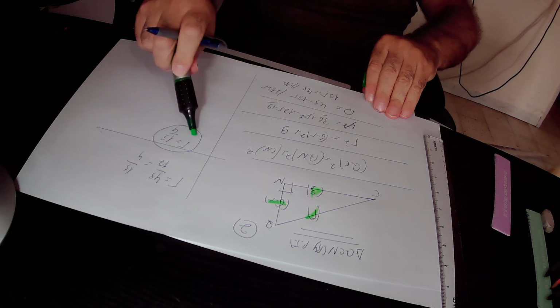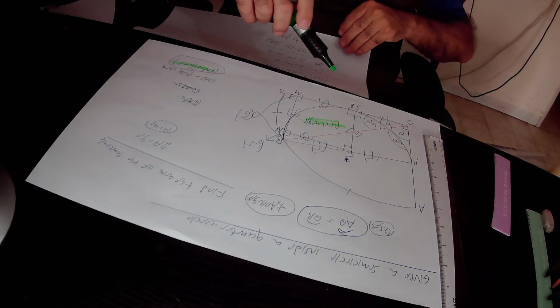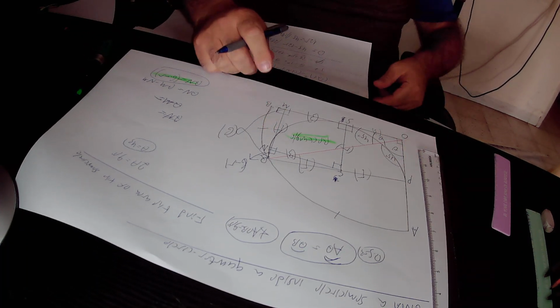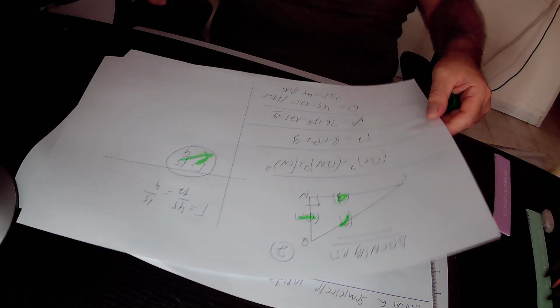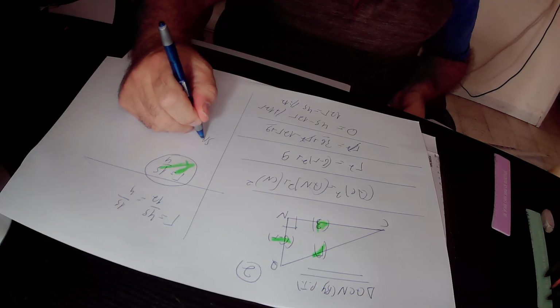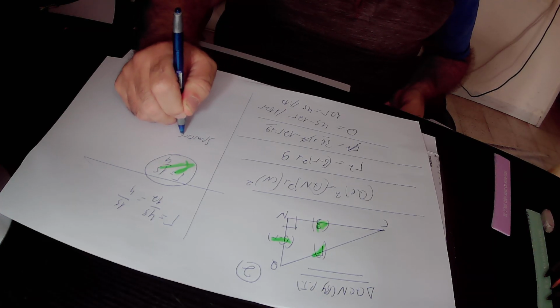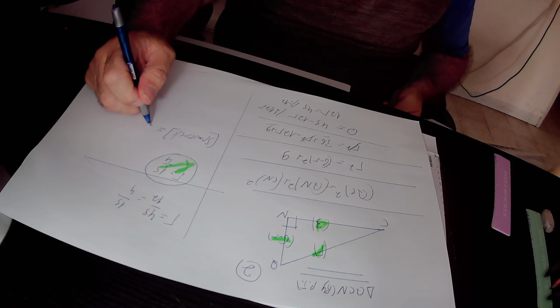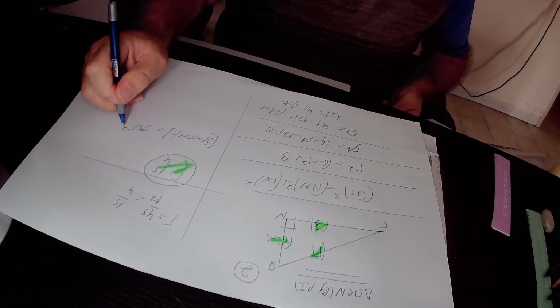Our task is to find out the area of this semicircle. The area of a semicircle is half the area of the circle, that is pi r squared, where R is the radius of the circle.